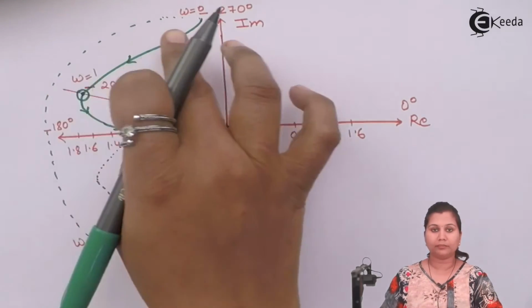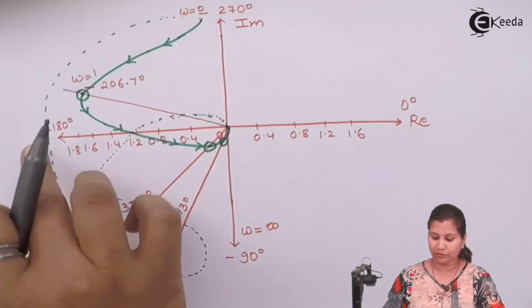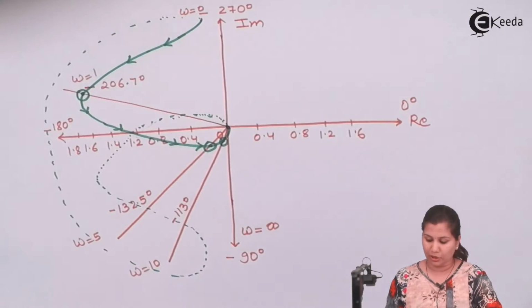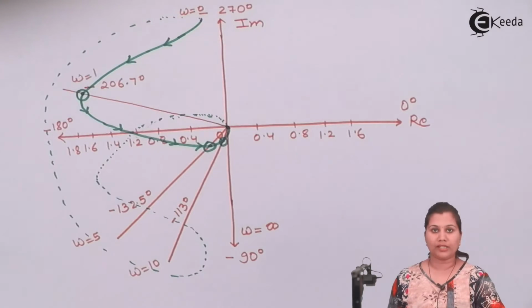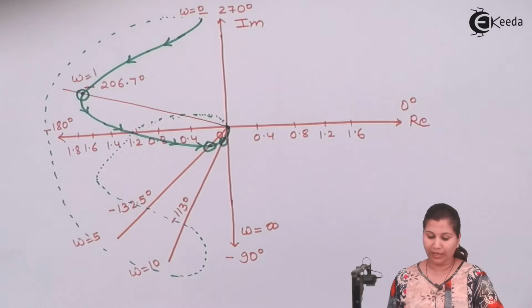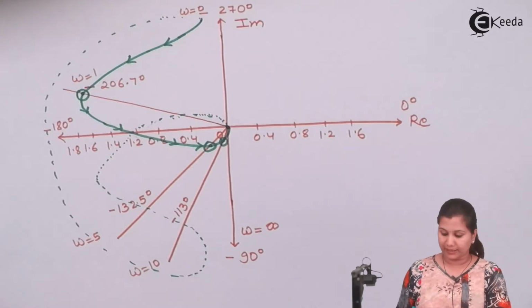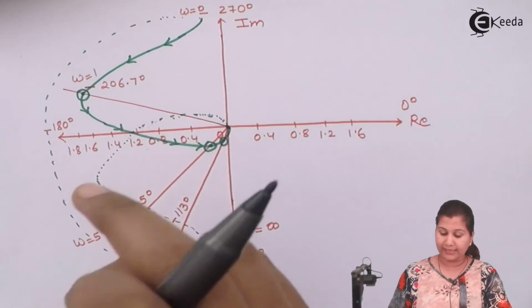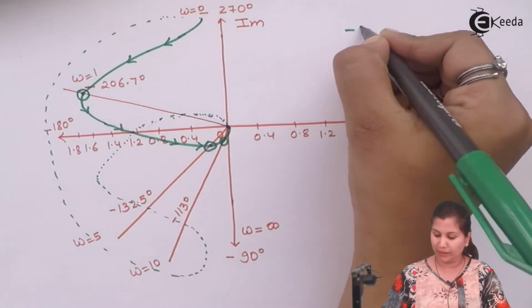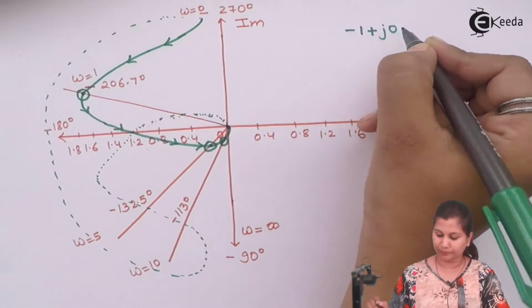We have drawn the mirror image and joined all the points. So this is the Nyquist plot of the system. Now to check the stability of the system using the Nyquist plot, we have to see how many times this Nyquist plot is encircling the point -1 plus j0.